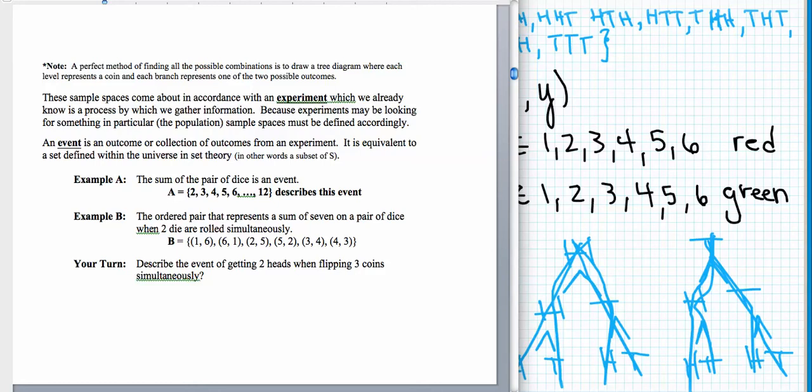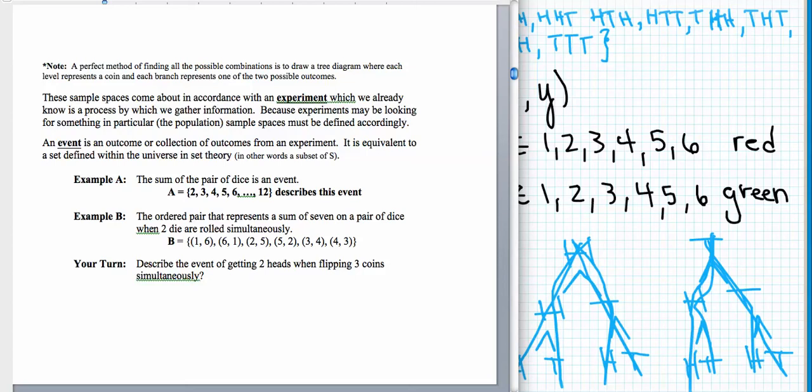All we're seeing are the ones that show us the 7. Now A and B certainly are related to one another, right? They're both subsets underneath the universe, but they don't necessarily have everything in common. And all of the events in B certainly relate to one of the events in A.